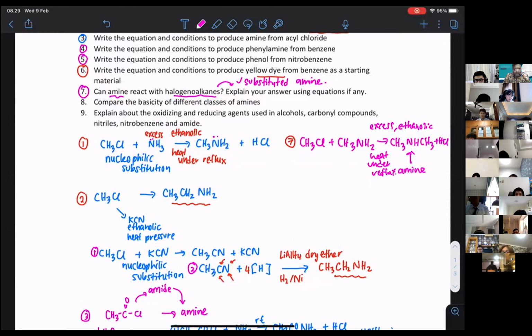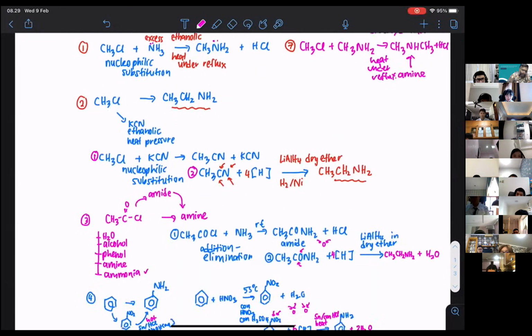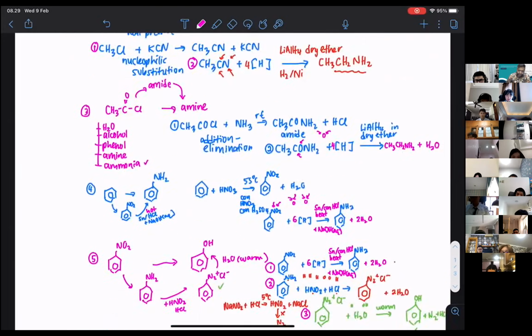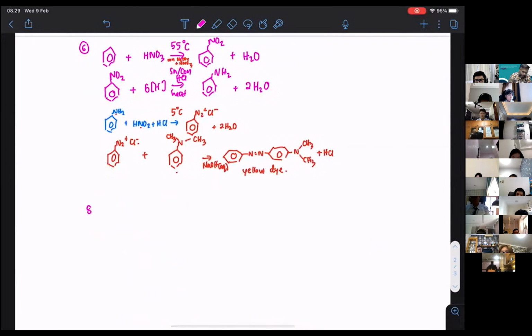So question number 8. Compare the basicity of different classes of amine. This one, no need to spend a lot of time, it is quite simple. If you have primary, secondary, and tertiary, the more R groups, the more electron donating groups. If you have more electron donating groups, the lone pair will be pushed more.